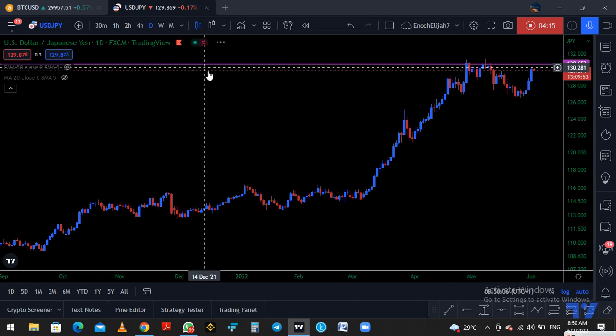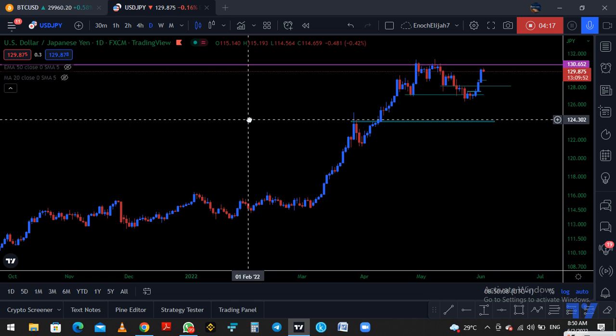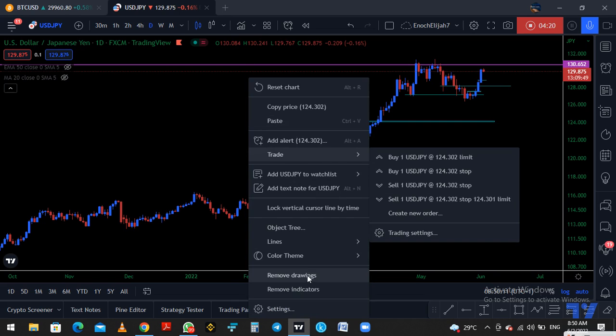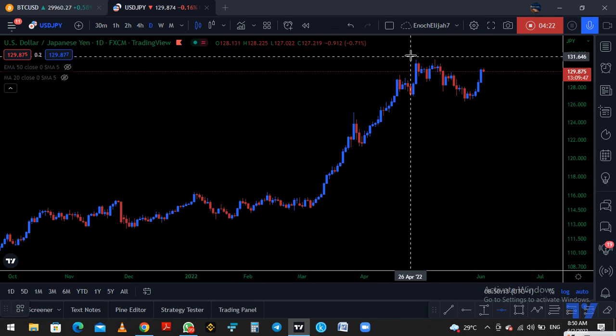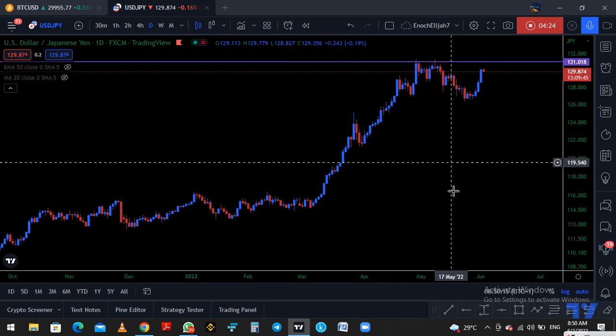The next one I'm checking out is USDJPY. It has been on an uptrend for weeks now.